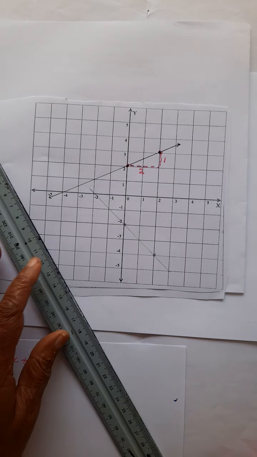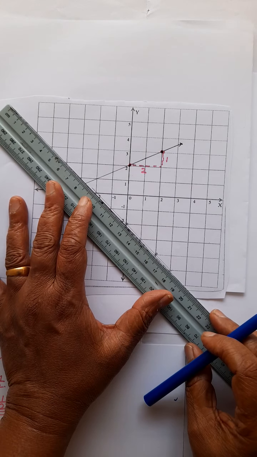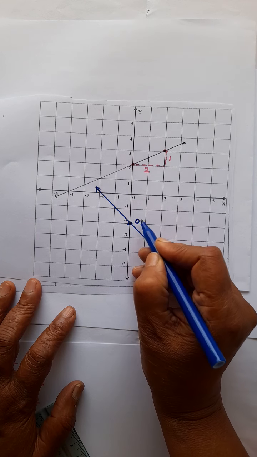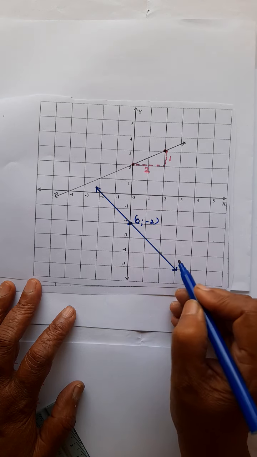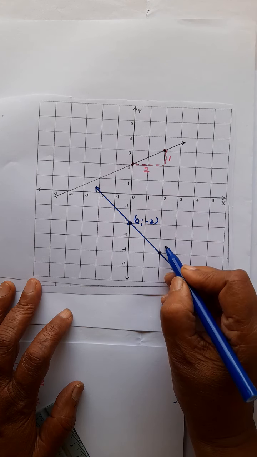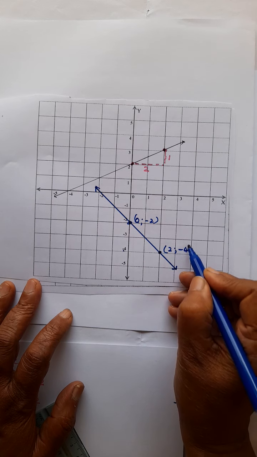Then there is another one. Let's draw that line here. This is another straight line. Take any 2 points. What are the coordinates of this one? It is 0, negative 2. And the second one, go to the x-axis, is 2, and then it is negative 4.